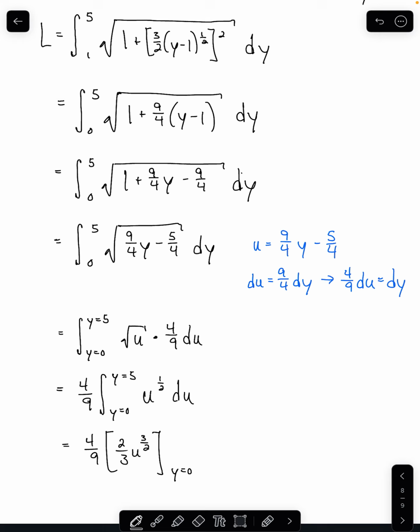Now we cannot substitute the 5 and the 1 until we return this to the original variable of y. That would be 9/4 y minus 5/4.